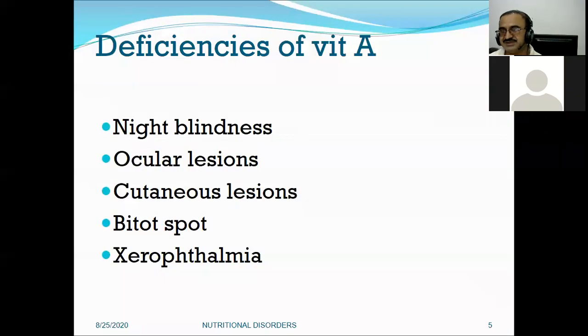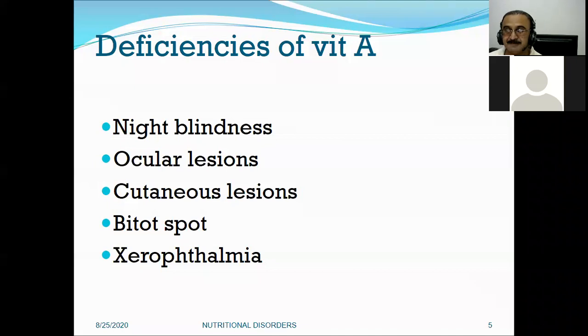So what will be the defects when vitamin A deficiency occurs? What will be the pathological disorders? Very common is night blindness in our society, in our villages, among people who do not take a proper diet in their routine life.